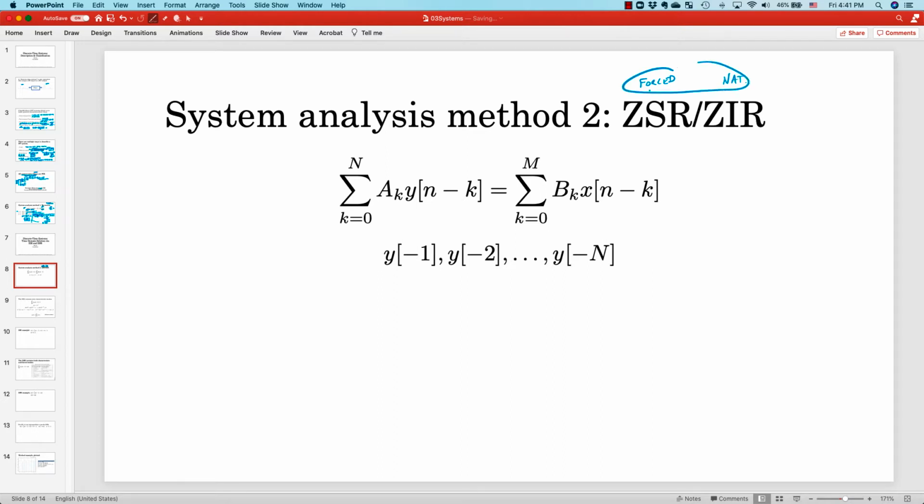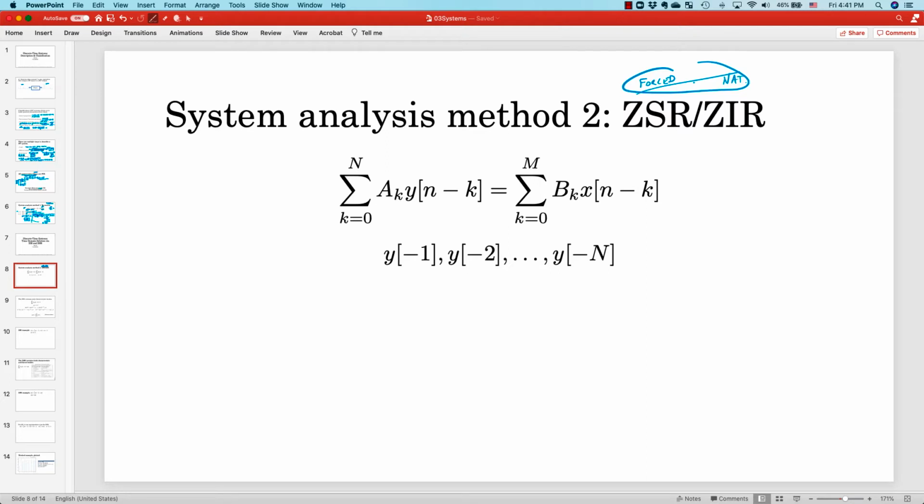But I am going to reject that and treat the ZSR and the ZIR as different things than the forced and natural response. The motivation for doing this is that the ZSR and the ZIR are actually the physical outputs that you would see from a system, whereas the forced and natural responses together give you the same total response, but do not necessarily decompose into the output when there is no input and the output when there is no initial state.